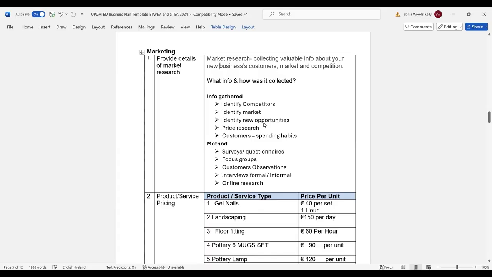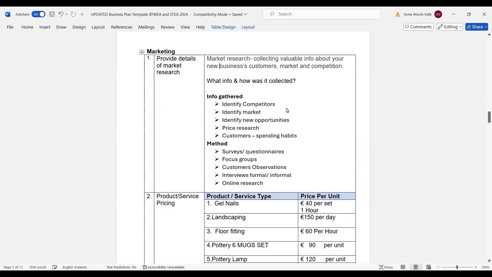Identify any new opportunities you have found. List what you have found regarding your price research, and also any information you may have gathered about your potential customers and their spending habits, or any other valuable information you have gathered during the course of your market research.